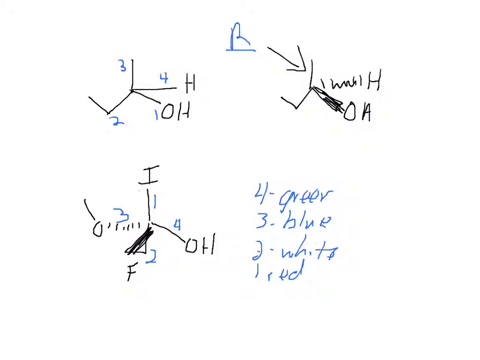So what do we have? I know what it is already. White is coming at you. It's R, right? Blue is going away, and white should be coming at you, and then red should be pointed up.